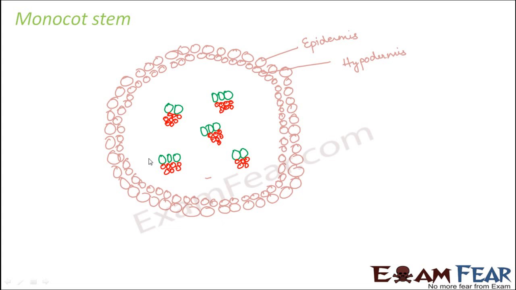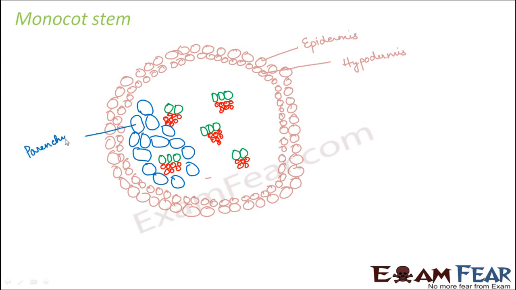Now what happens to the empty space present between the vascular bundles? These empty spaces are occupied by the parenchyma cells, somewhat like this. So these are the parenchyma cells.